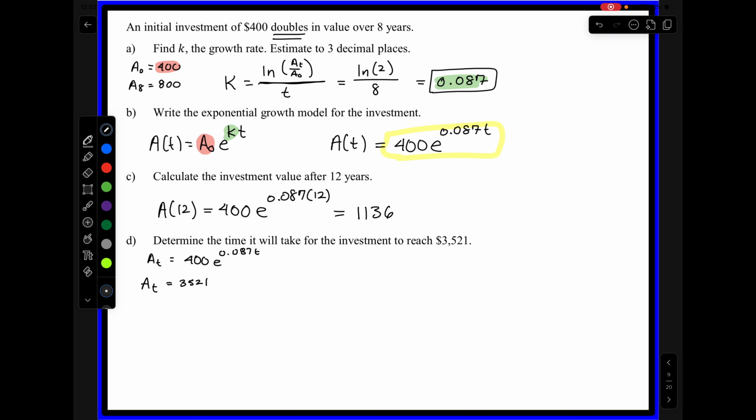So I'm going to solve this by setting up an equation and setting these two things equal to each other. If this is one form of representing A of t, and we also want A of t to equal that number, then we set this equal to that and find the value of t.